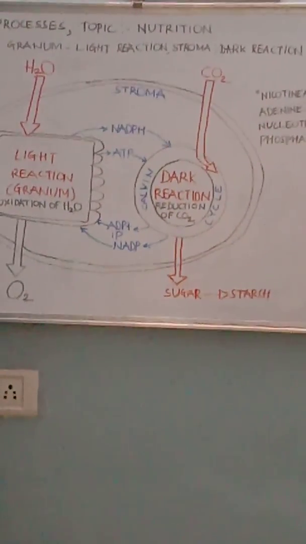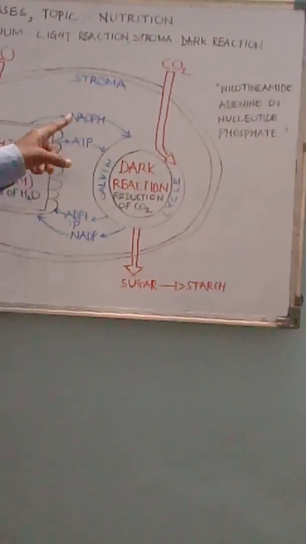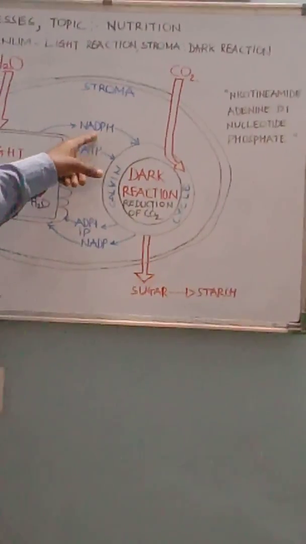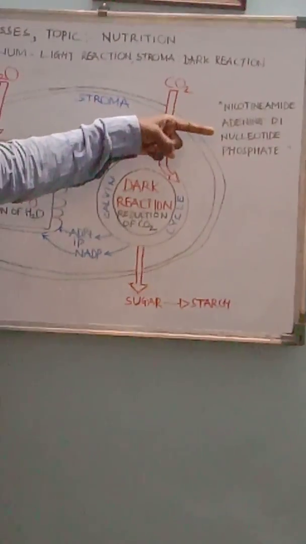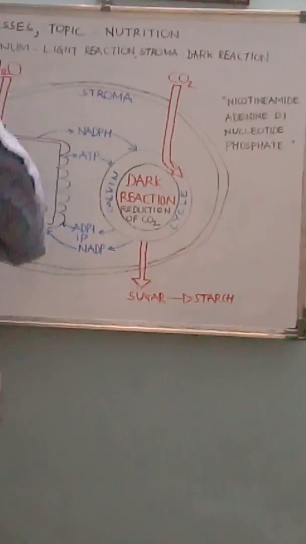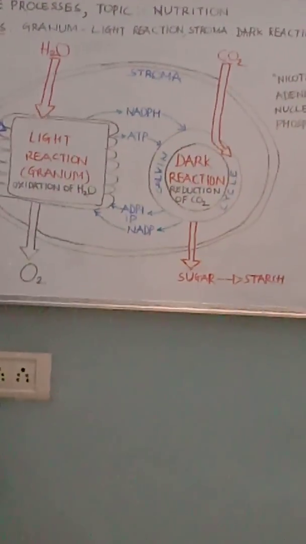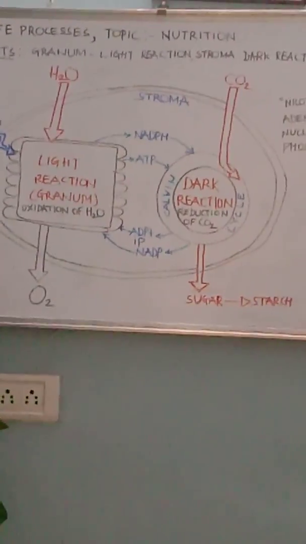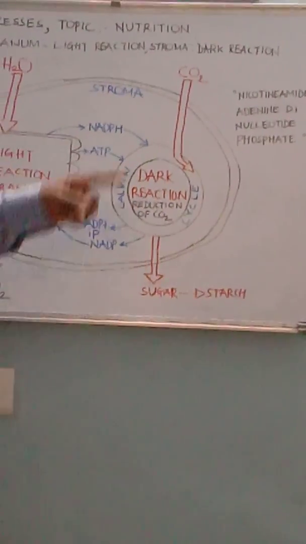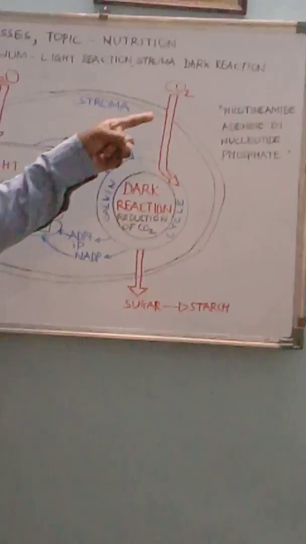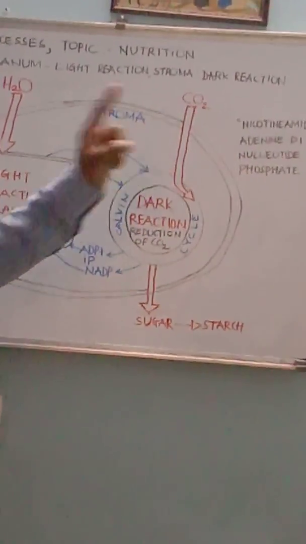We can also call them assimilatory powers. And this NADP stands for nicotinamide adenine dinucleotide phosphate. You may be asked to expand or write the full form of NADP in your examination. The full form is nicotinamide adenine dinucleotide phosphate.